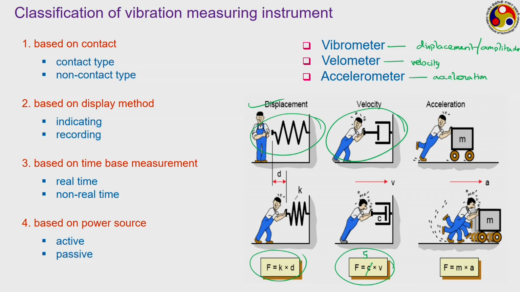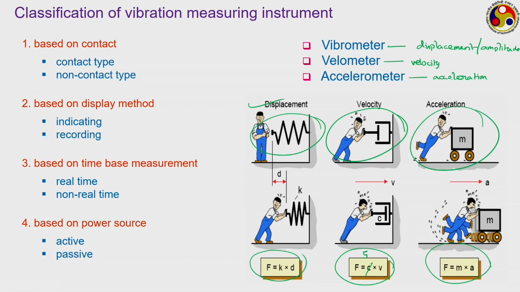So, the damping force is proportional to the velocity, and therefore, the damper is the most important component in case of a velometer. And in case of an accelerometer, we focus on the inertial force, because the inertial force is mass times acceleration. So, the mass is the most important component for an accelerometer.